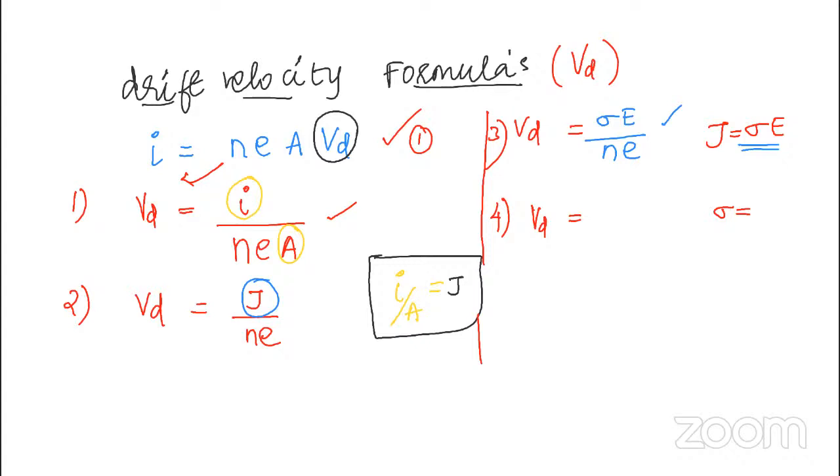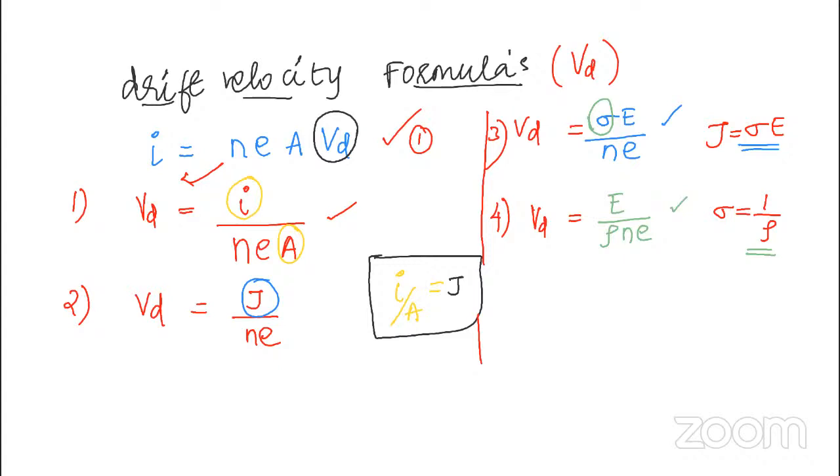Very good, it is inversely proportional. So sigma is 1 by rho. Substituting this, the equation becomes Vd = E divided by rho n e. So this is one form of the equation.